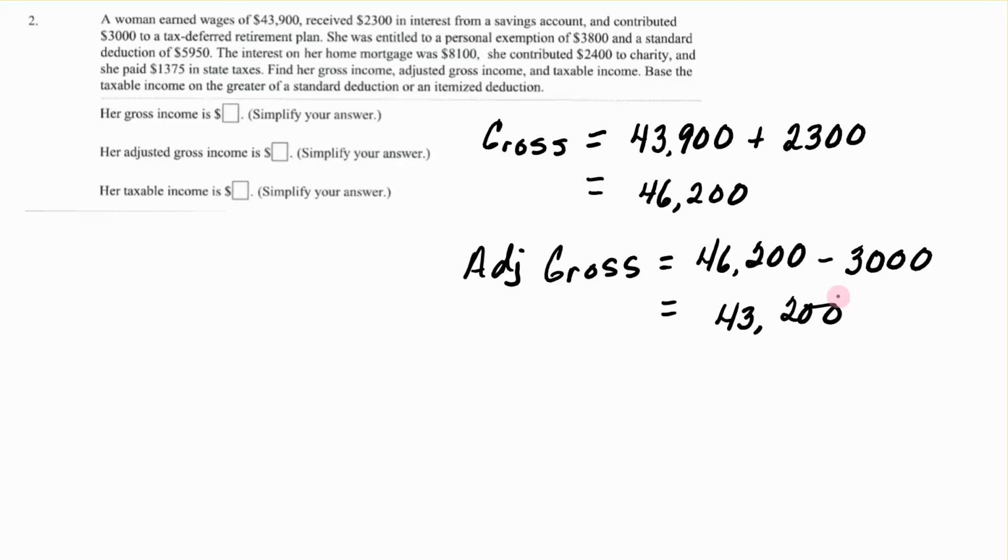Now, we need to decide, there are two kinds of deductions. We know that your taxable income is your adjusted gross income minus your deductions and your exemptions. Okay, let's see.